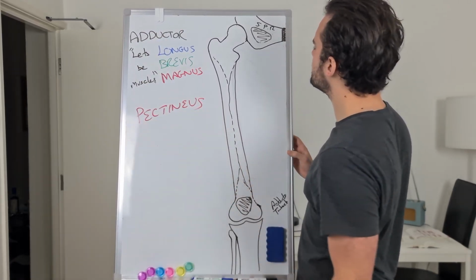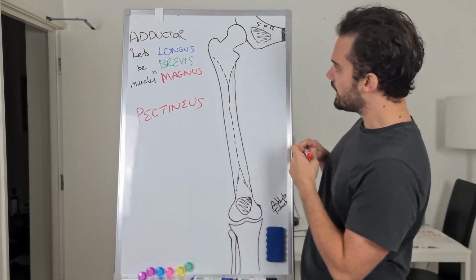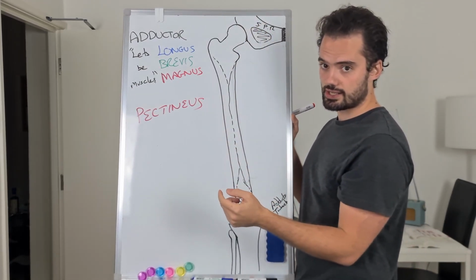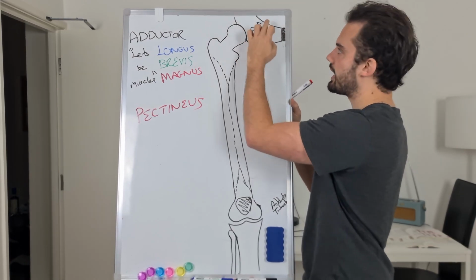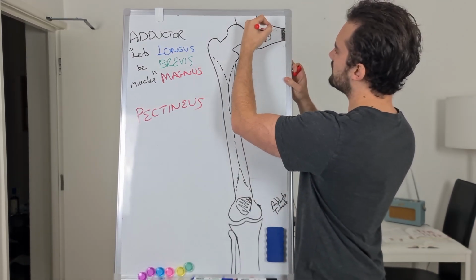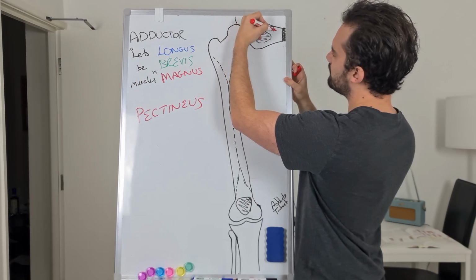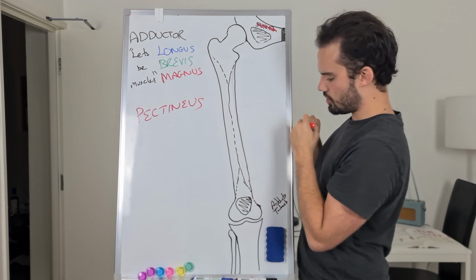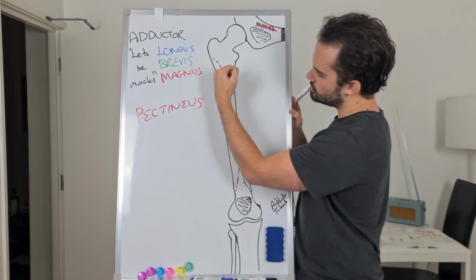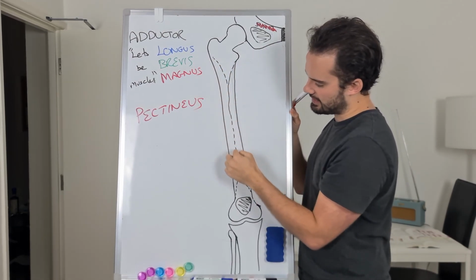Okay, so pectineus, nice and easy. Pectineus predominantly comes off the superior pubic rami. So true to form, we're starting here as a general rule. Pectineus is going to start round about here on the superior pubic ramus, and then it is going to insert onto one of the two lines that make our linea aspera.